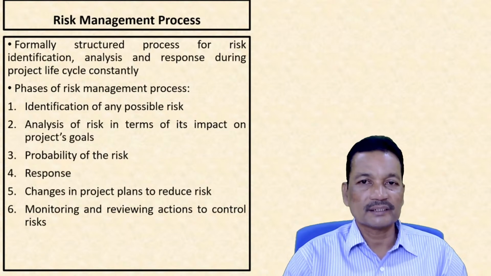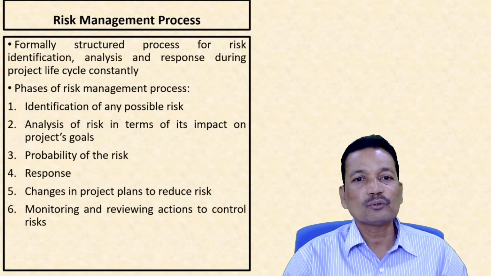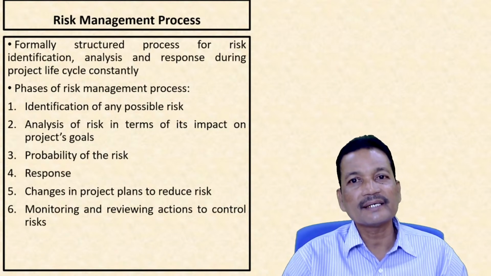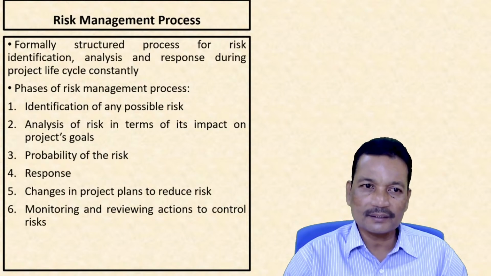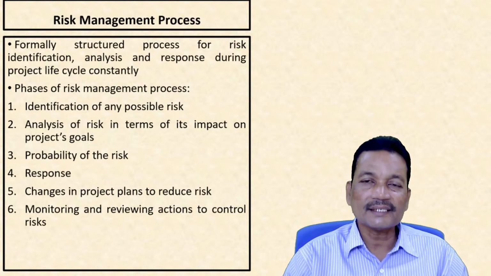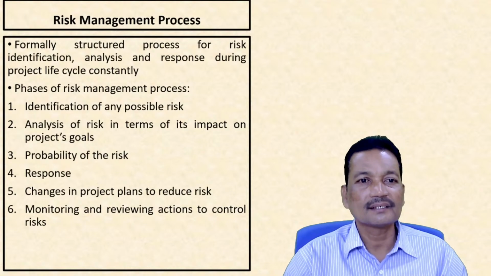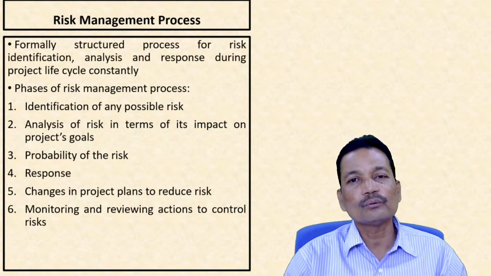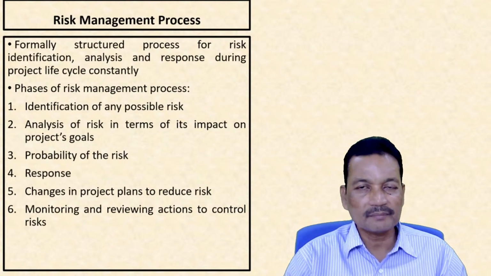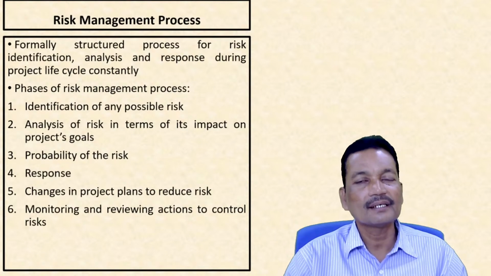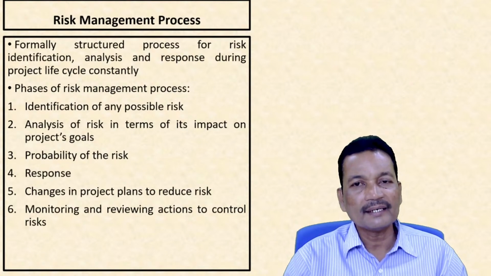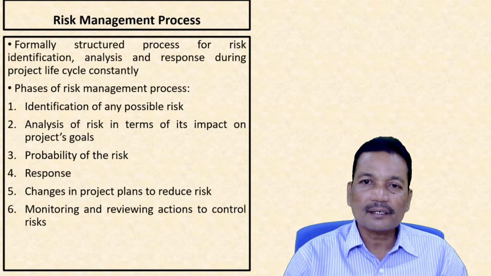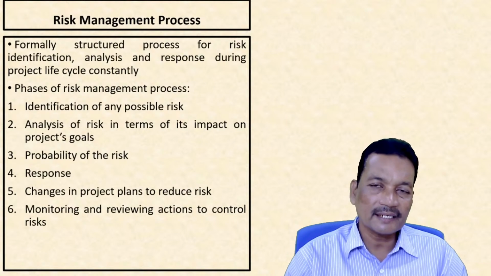Risk management process. Now, it is a process. When we talk of the risk management process, definitely we shall try to identify the risk and analyze what that risk is going to do to our project's objective. That means what kind of impact it will have, and immediately can we take corrective actions to reduce the negative impacts.